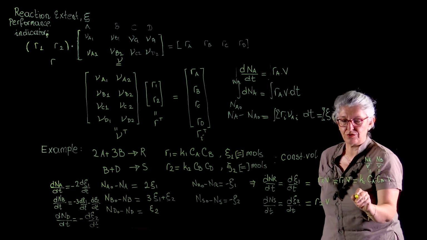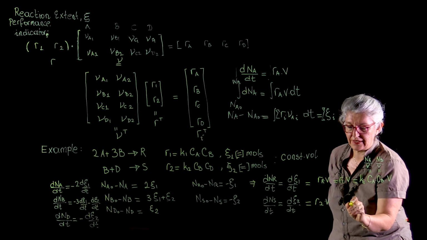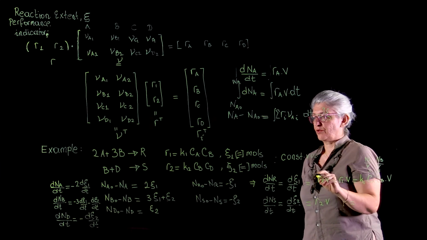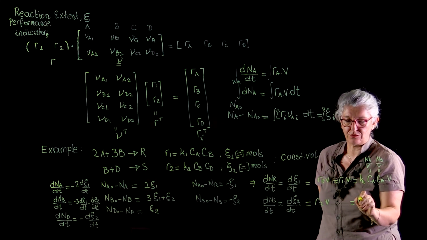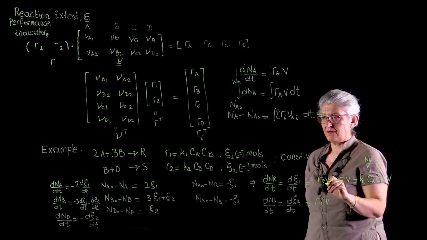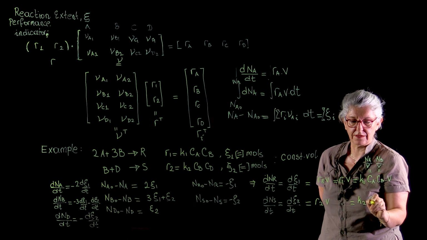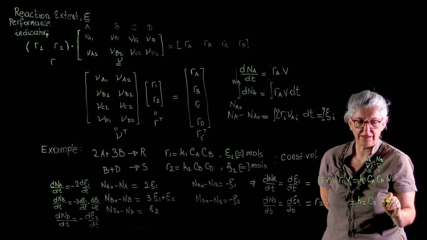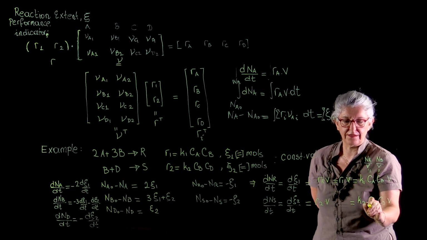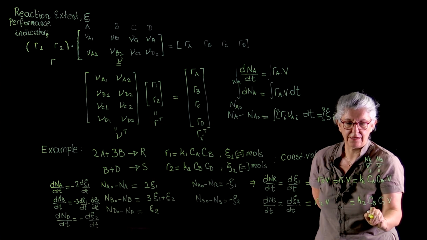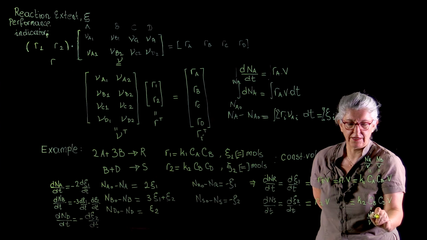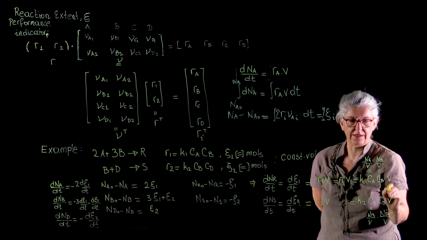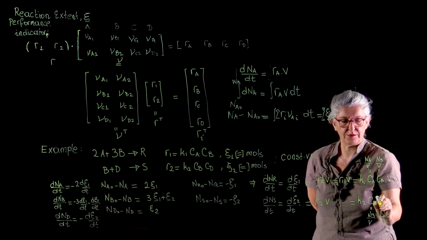We're going to substitute for those as well. Let's write for S for completeness. This is K2 times Cb Cd times V, and this is Nb over V, and this is Nd over V to be substituted.